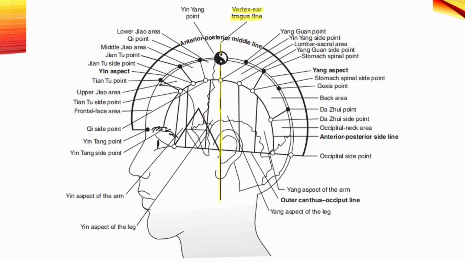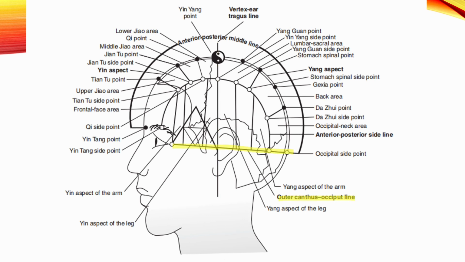Vertex ear tragus line. This is the line connecting the yin-yang point with the tragus. Outer canthus occiput line. This is the line connecting the outer canthus with the tip of the external occipital protuberance.